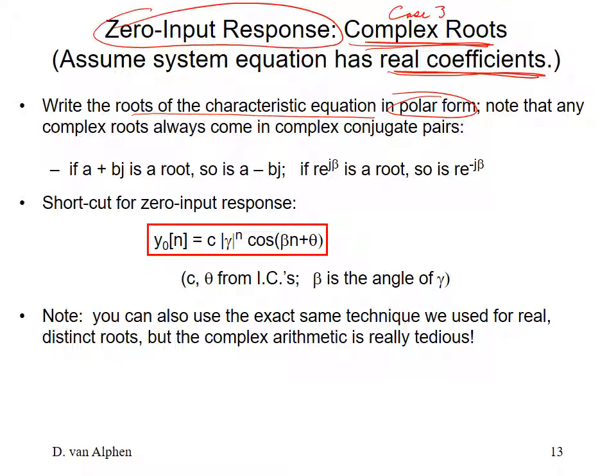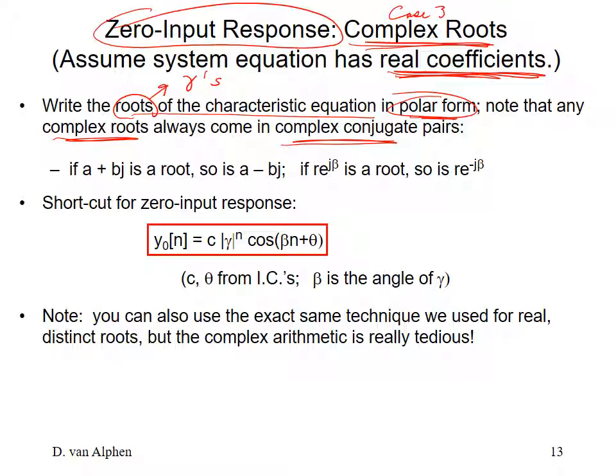Remember, the roots of the characteristic equation, those are the gammas. Whatever those gammas are, you want to write them in polar form. And there's a little note here that says as long as you have real coefficients for your difference equation, and we always will, any complex roots always come in complex conjugate pairs. So that'll mean we won't have to think so hard to find the roots, right?